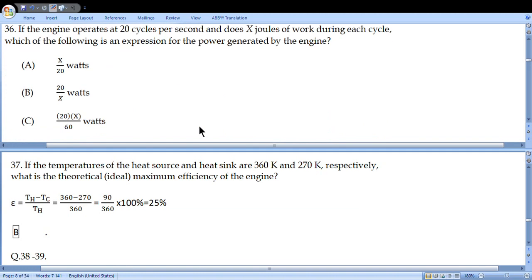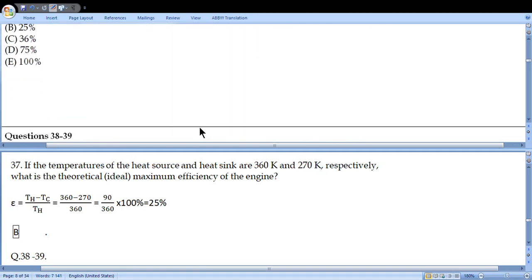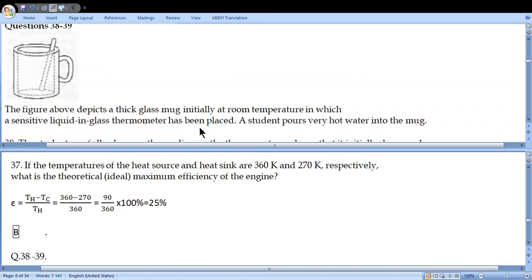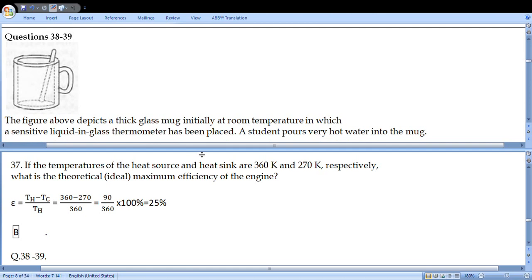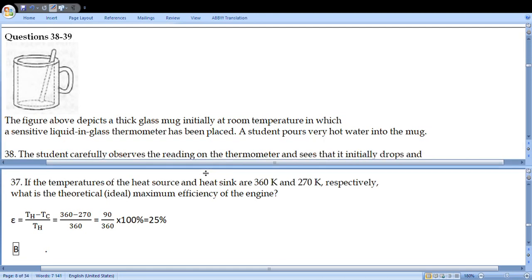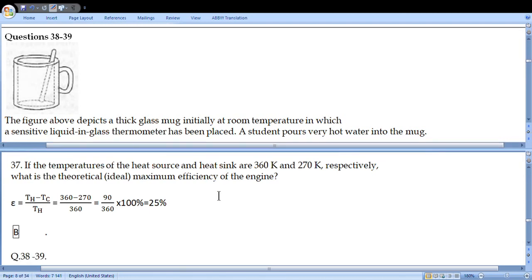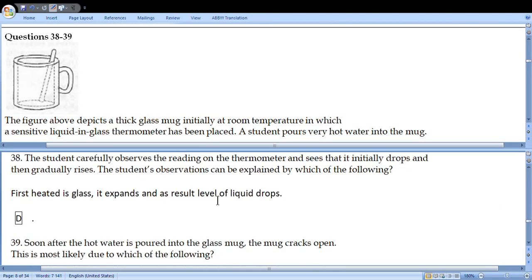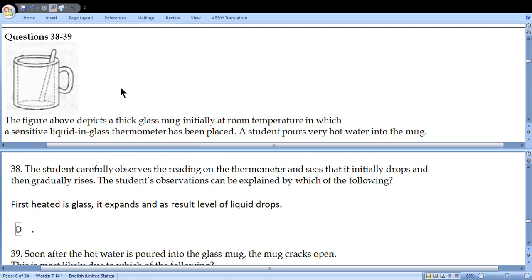Question 38 to 39. The figure above depicts a thick glass mug, initially at room temperature, in which a sensitive liquid-in-glass thermometer has been placed.